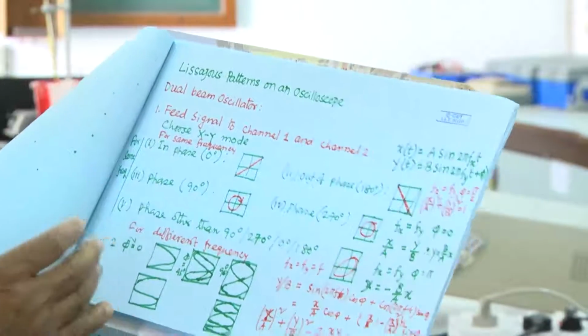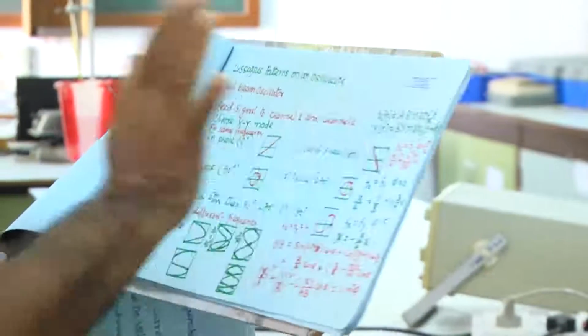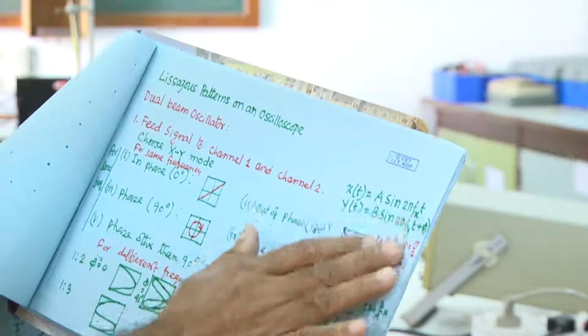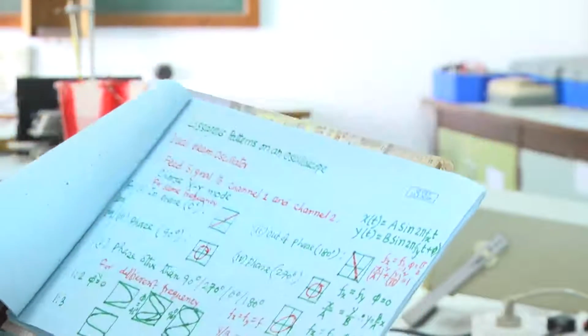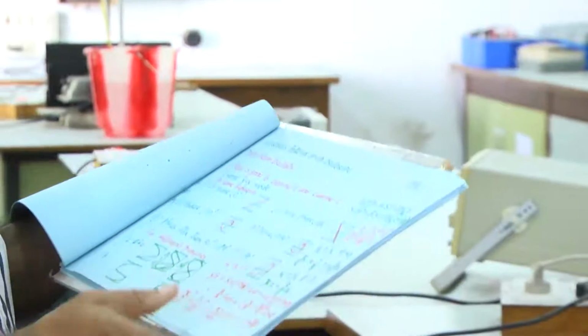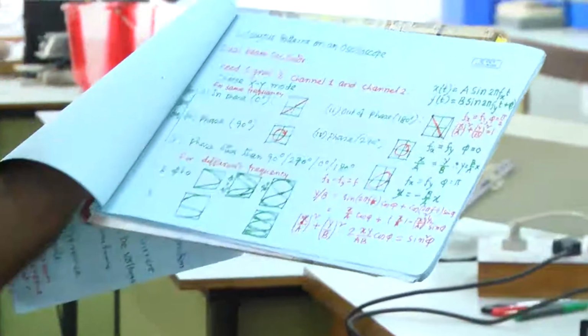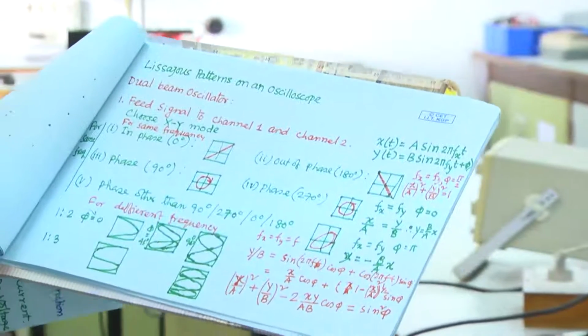From the ratio of the x axis and y axis, one can find out the phase difference phi between the two signals of the same frequency.